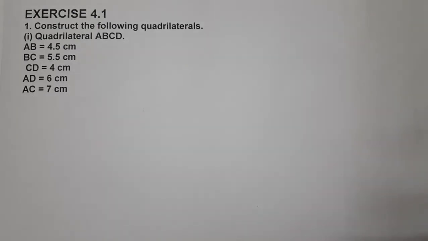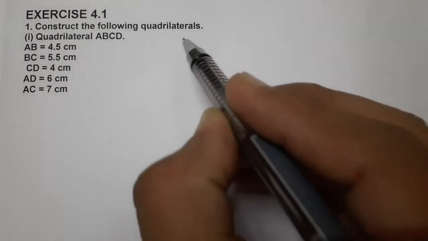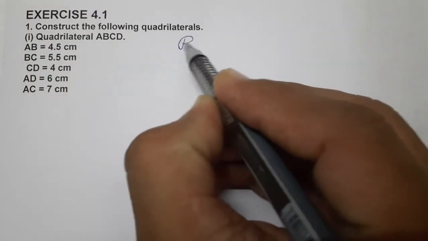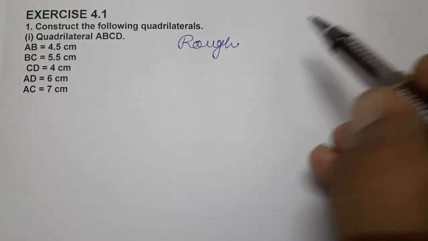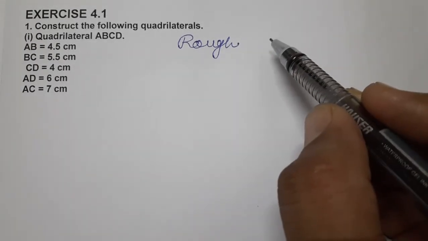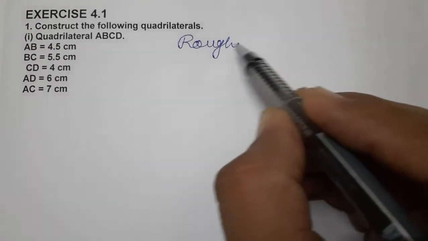And children, always make a rough diagram first. Then only make the construction. First, let's make a rough diagram. It helps us find which side has which measurement. So this really helps us, the rough diagram.